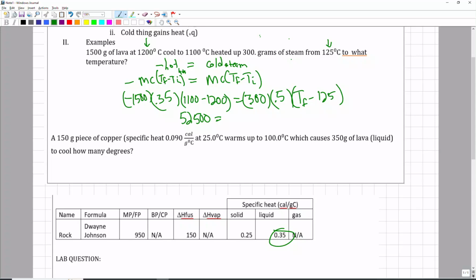So I should be able to do that in my head. I can. 150 T sub F minus, and then 150 times negative 125. That's going to be minus 18,750.